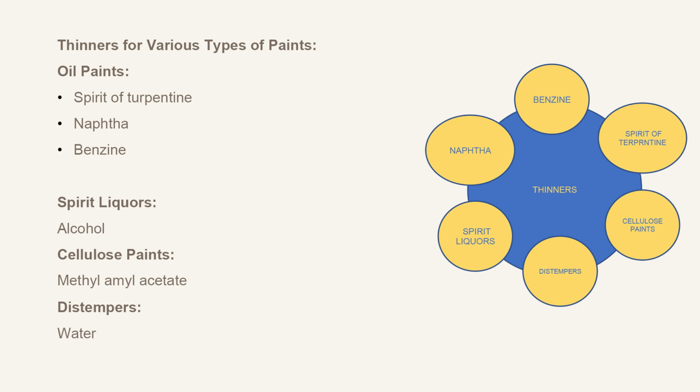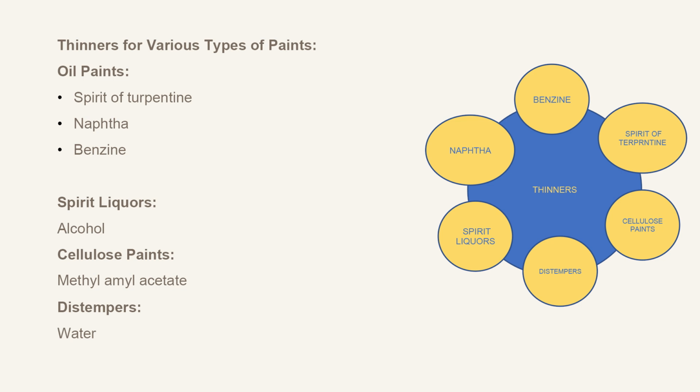Looking into the types of solvents and thinners. Oil paints: for oil paints, you will typically use spirit of turpentine, naphtha and benzene. These solvents help thin the paint and adjust its viscosity for smooth application. Next, we have spirit lacquers. For spirit based paints, alcohol is commonly used as thinner.